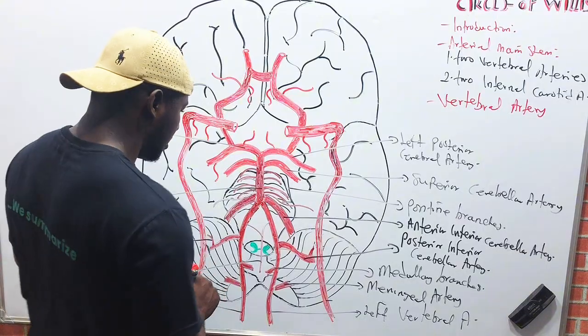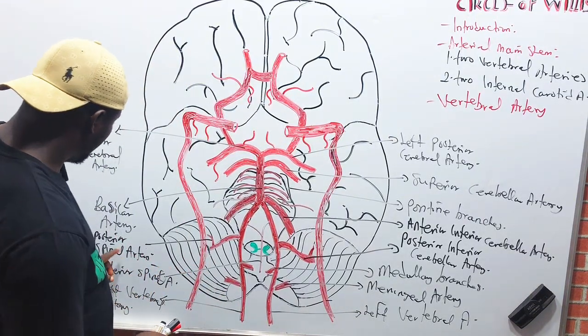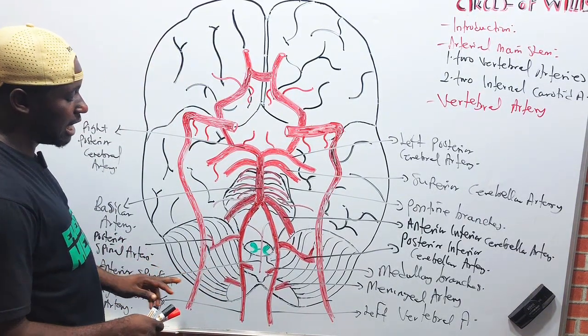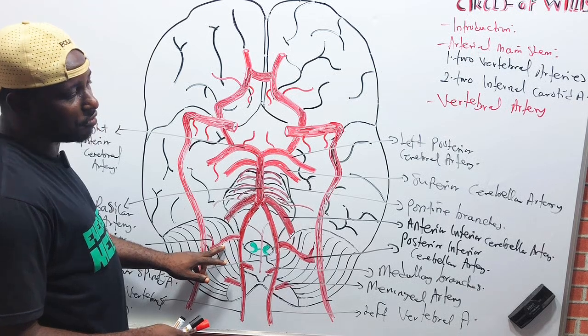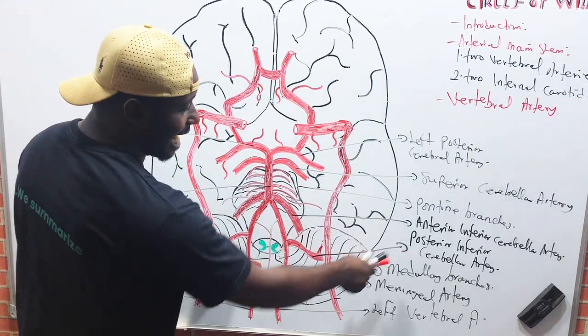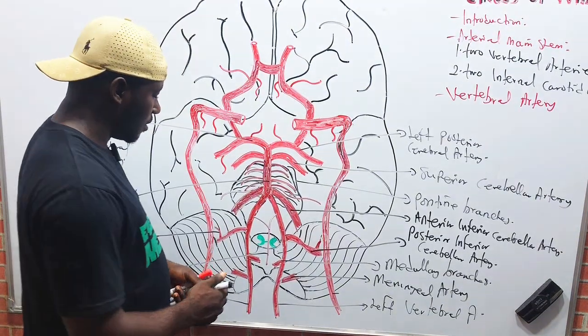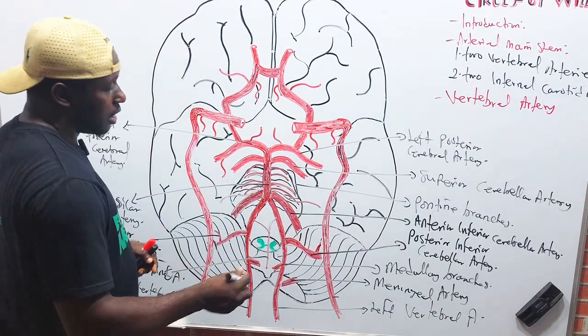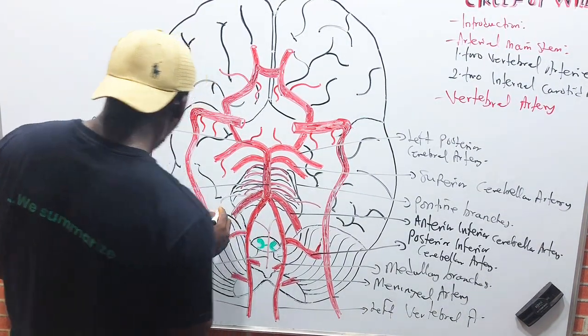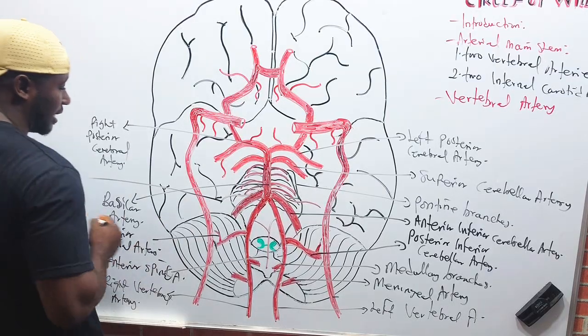Recall that the posterior spinal artery is actually a branch of the posterior inferior cerebellar artery, which is a direct branch from the vertebral artery, right? Now, we also have the labyrinthine artery.